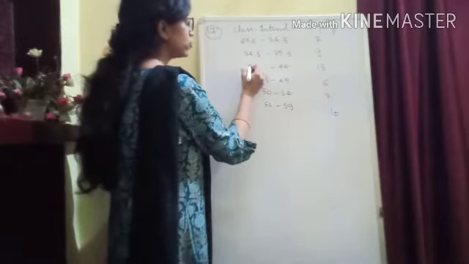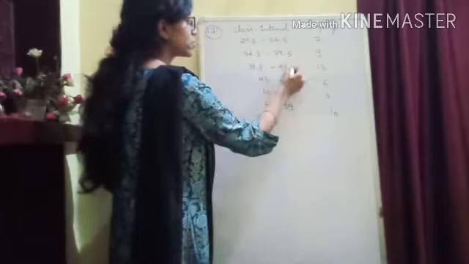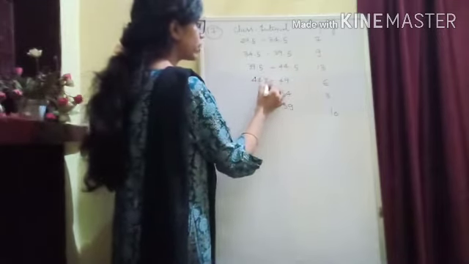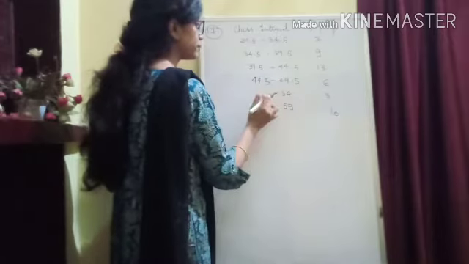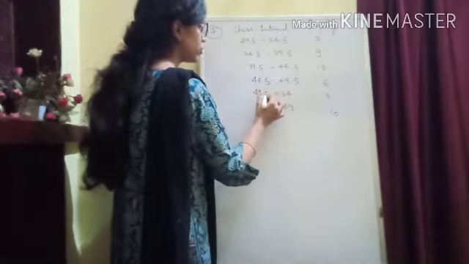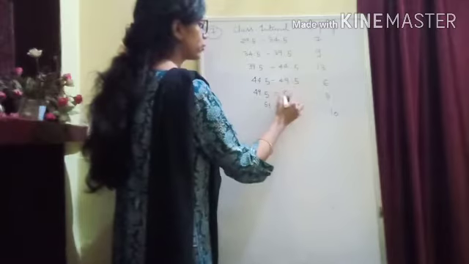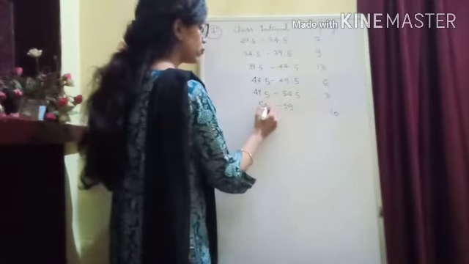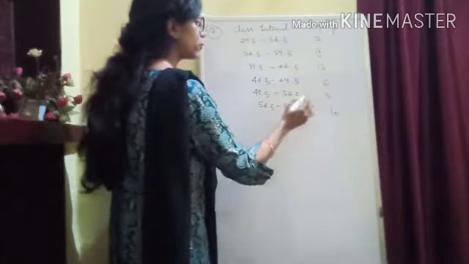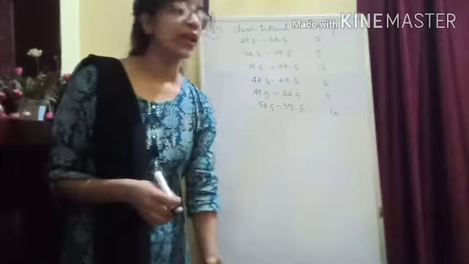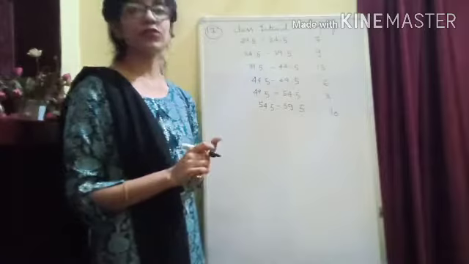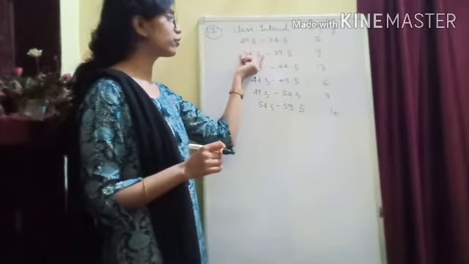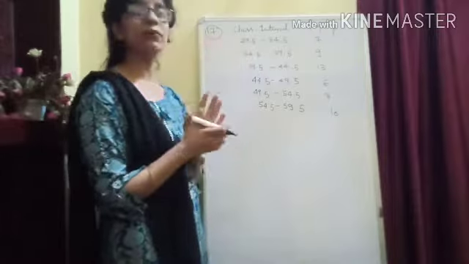Then 39.5 and 44.5, then 44.5 and 49.5, then 49.5 and 54.5, and then 54.5 and 59.5. Is it clear? And if you see, it has become continuous also. See, ending at 34.5 and starting from 34.5. So now it has become continuous.